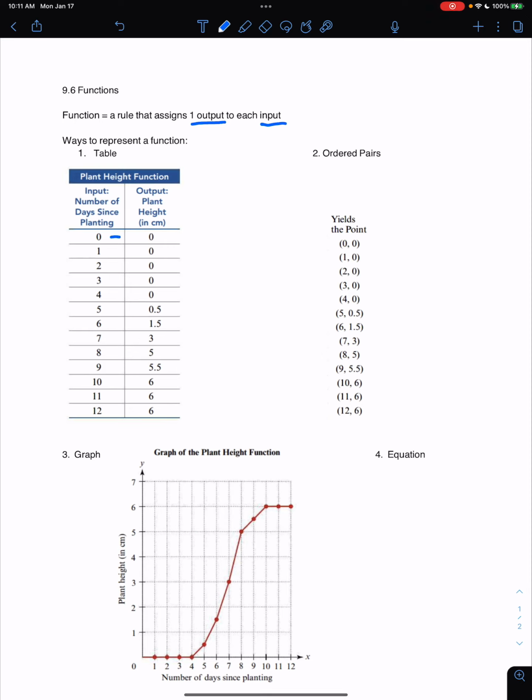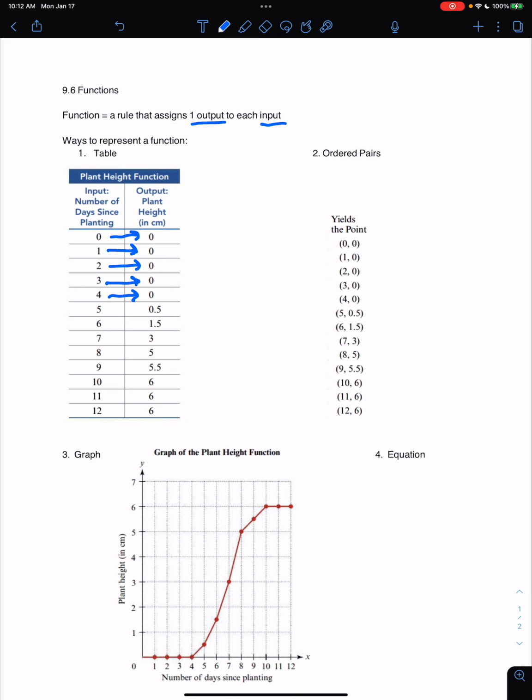And you will notice that each day in our table has just one output for that day. So this is indeed a function. It can have the same output, but it can only have one output for every input in order to be a function. So this is a table representation.